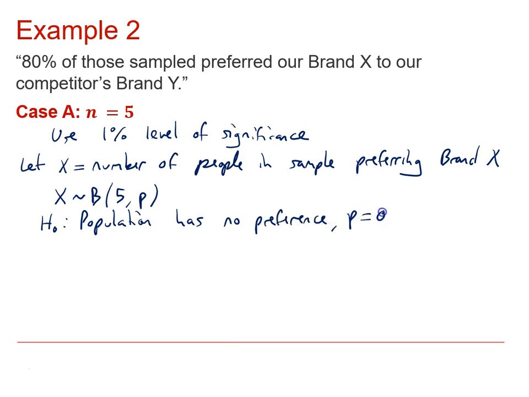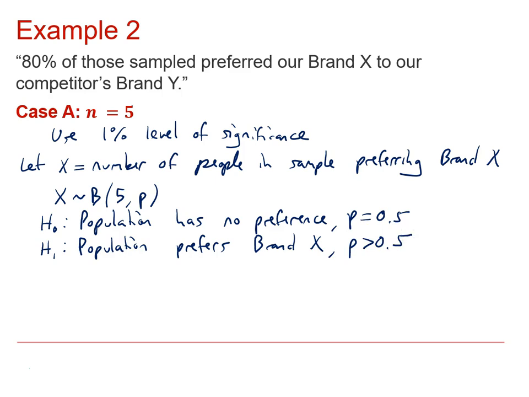So P is equal to 0.5. Our H1, assuming we're doing a one-tailed test, is that the population prefer brand X, and so P is greater than 0.5.